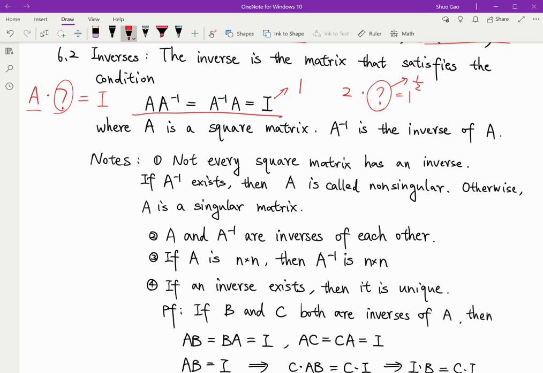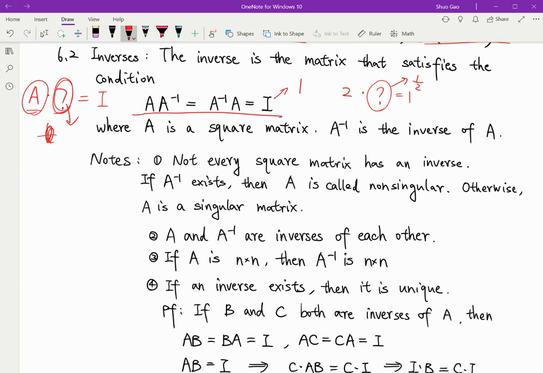It's kind of similar to the number algebra, but we need to find this matrix, the question mark, right? It's not that easy to take the inverse, like 2 and 1/2. It's very complicated to find the inverse of the matrix A.